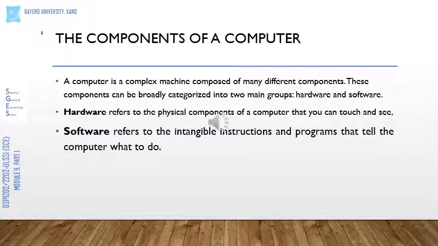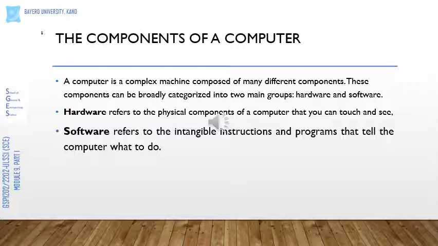A computer is a complex machine composed of many different components. Each component plays a vital role in the overall operation of the computer. These components can be broadly categorized into two parts, which are the software and the hardware.